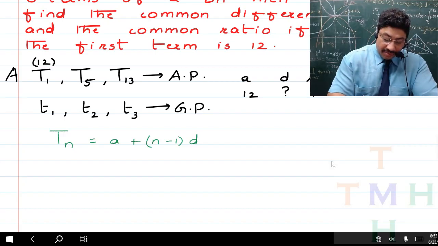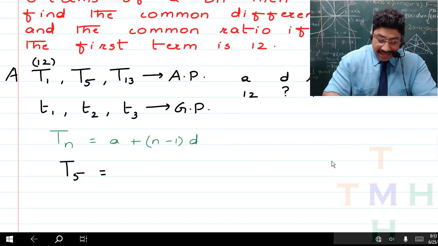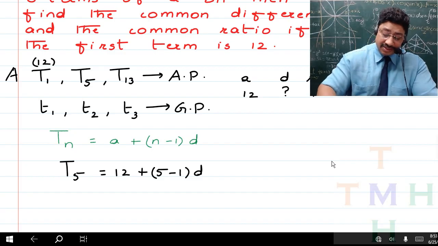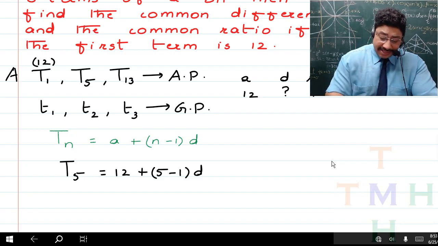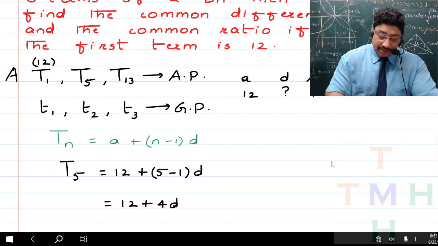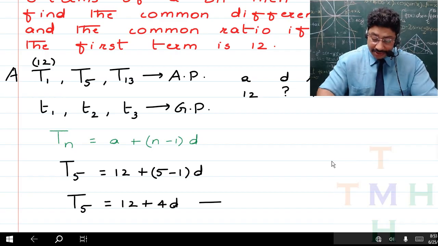So T5 will become equal to a, which has been given to us to be 12, plus 5 minus 1 times d, since we don't know what the common difference is. In the next step, we can write the 5th term as 12 plus 4d, right? This is one of the equations that we have, so we mark it as equation number 1.